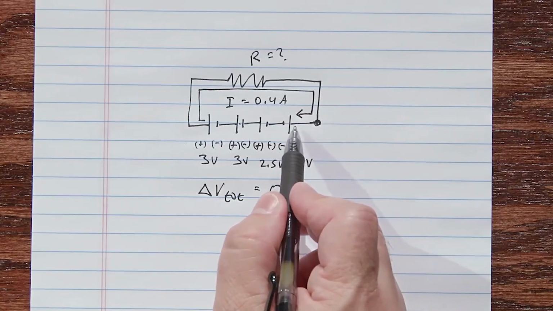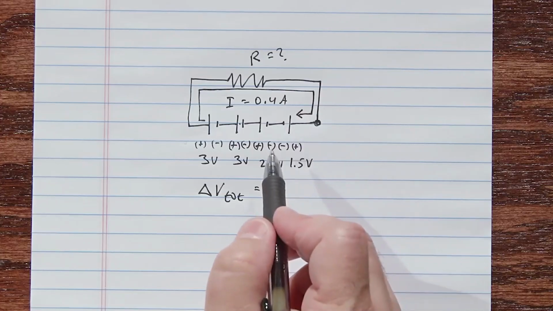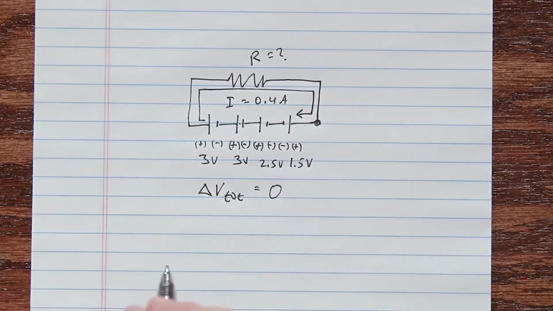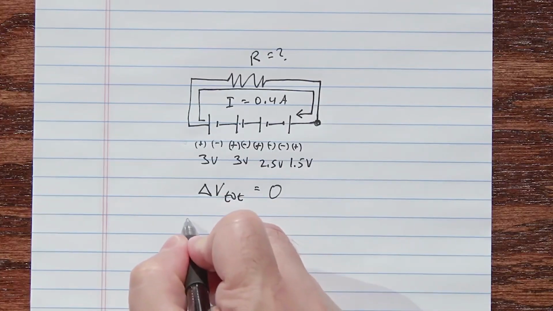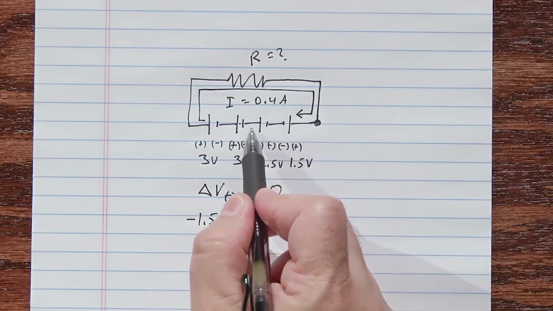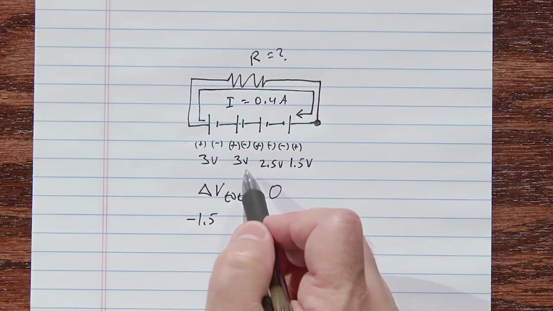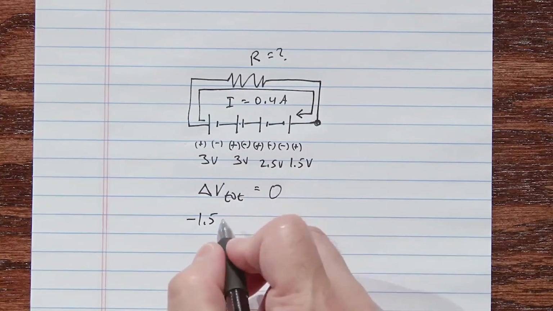At this first battery, I'm going from positive to negative. That is a step down, so that would be minus 1.5 as I go across this one. But all 3 of these are then going to be steps up. So plus 2.5, plus 3, and plus 3.